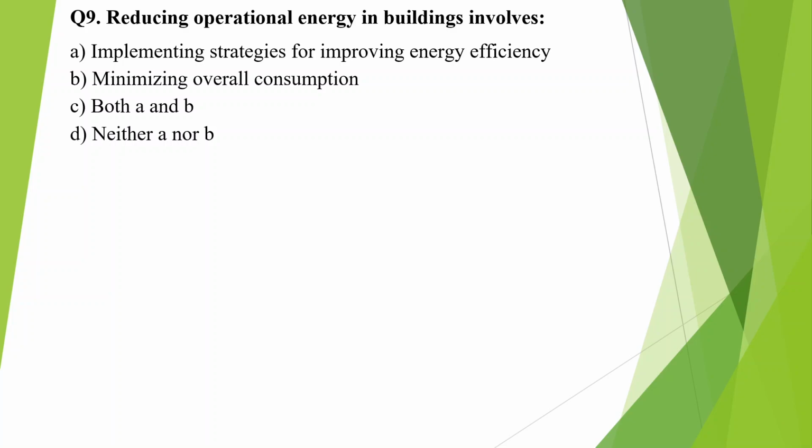That is absolutely correct, and minimizing the overall consumption is also a good way of reducing energy consumption in the building. So both A and B are correct. All of you have opted for option B, so all of you are correct.